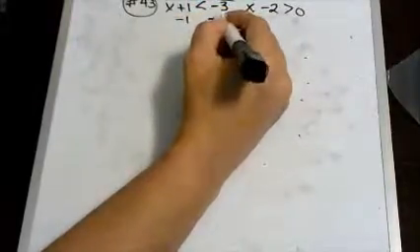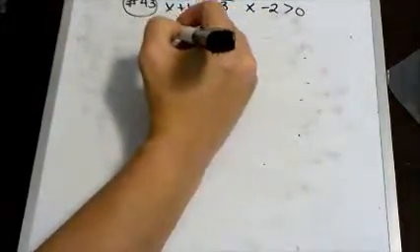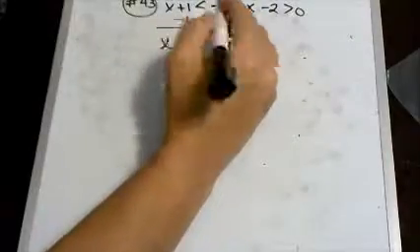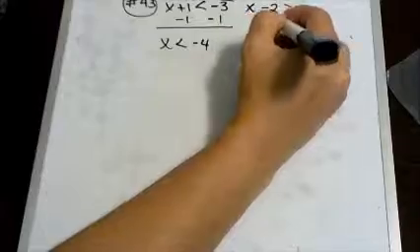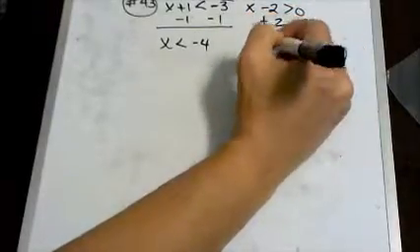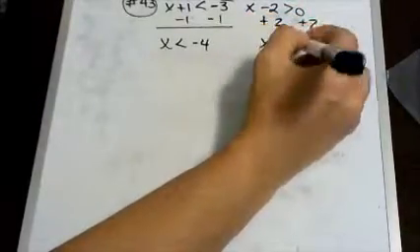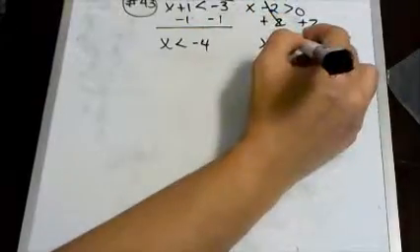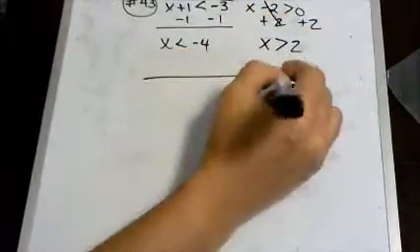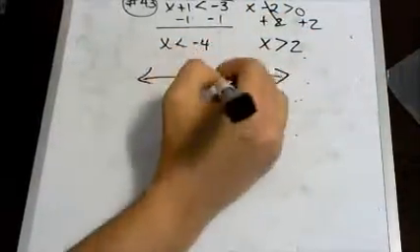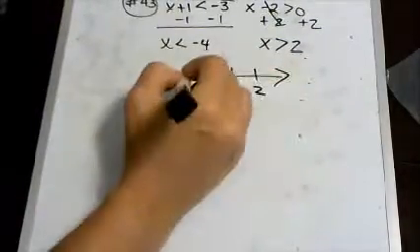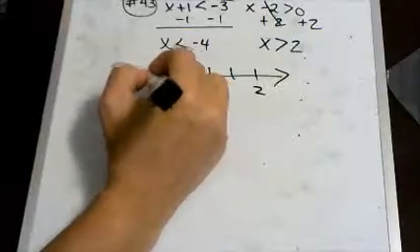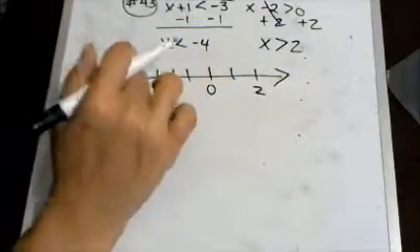Minus 1 here, minus 1 here. X is less than negative 4. On this side we are going to add 2, so x is greater than, because those cancel out, 2. Now when we graph, remember we're supposed to have an or. We have a 2 here. Let me stretch this out a little bit.